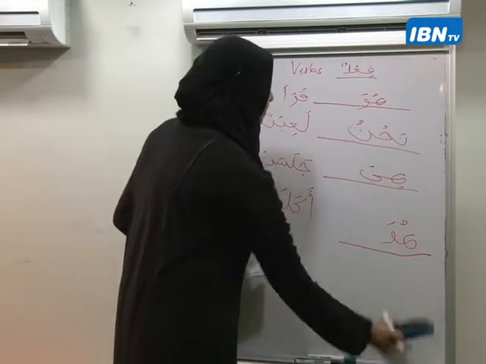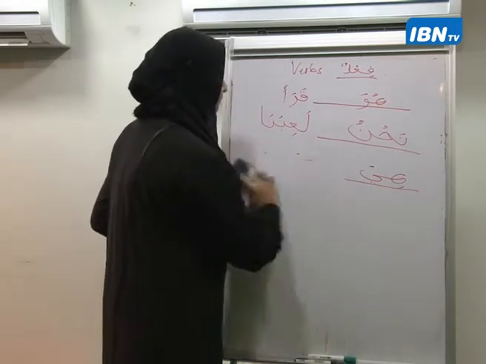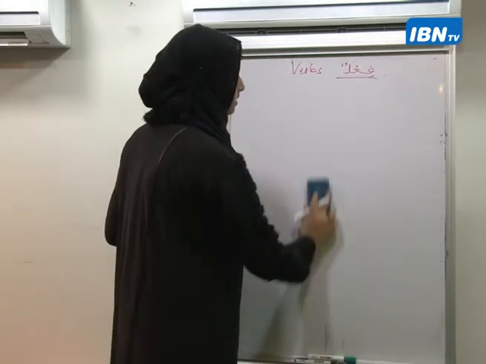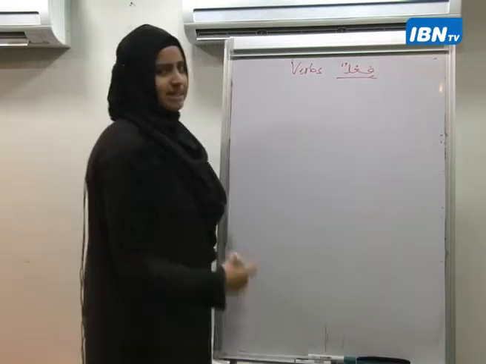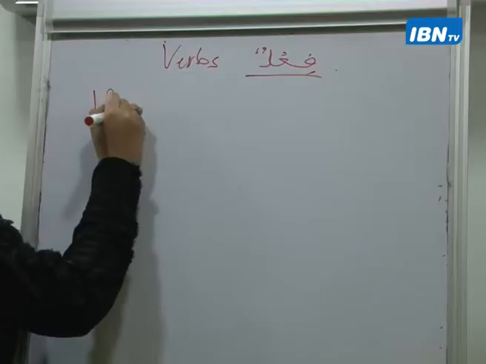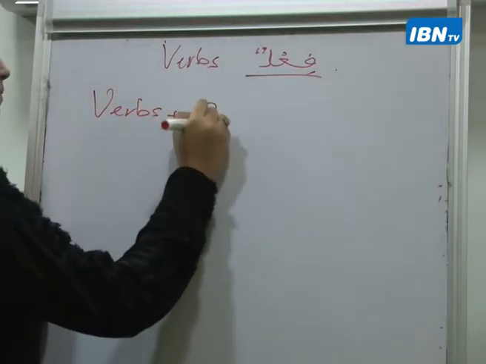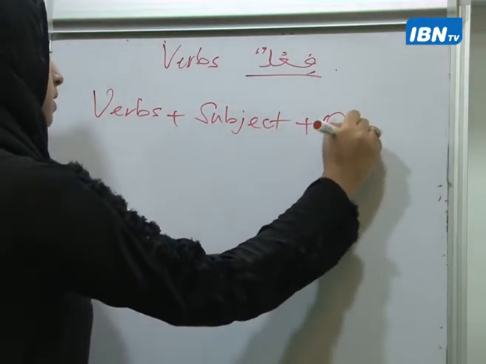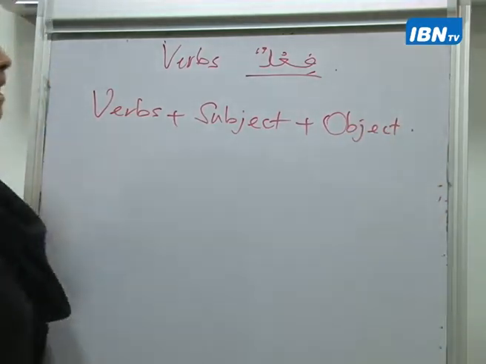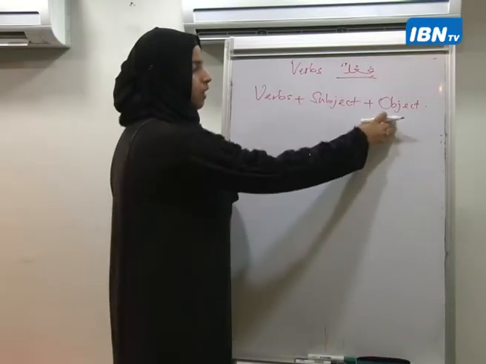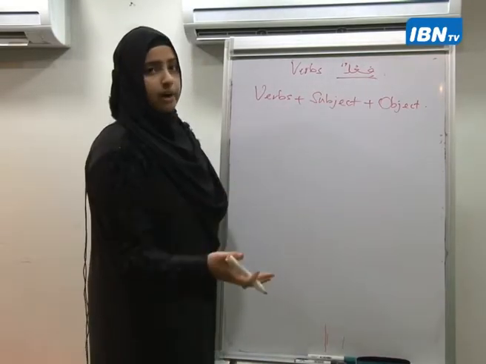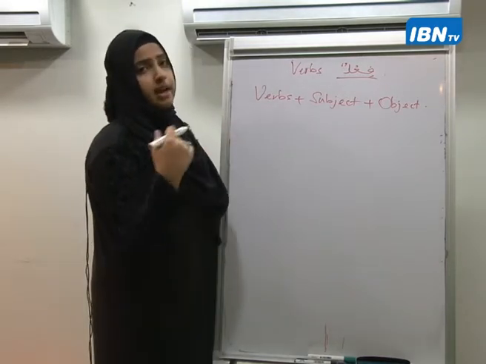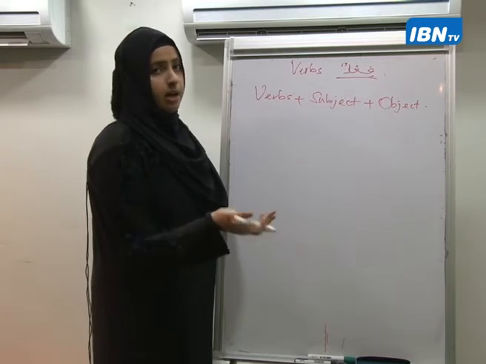Now, one thing I had also told you about verb, subject, and object. Of course, that is a bit advanced, but I just want to clarify one thing. I had said that when it comes to the object, we are going to learn when the object carries an accusative, when it will carry a genitive, and when it will carry a nominative case.